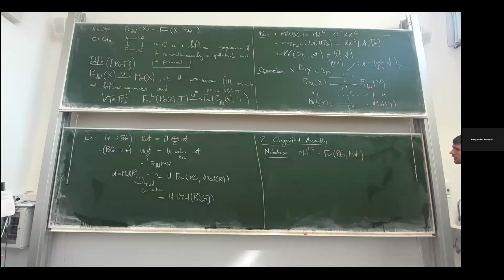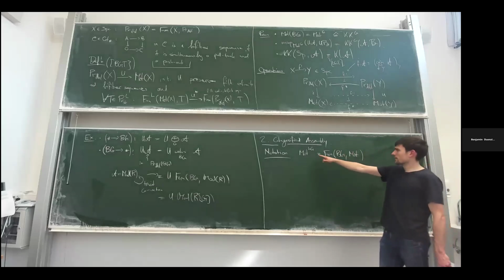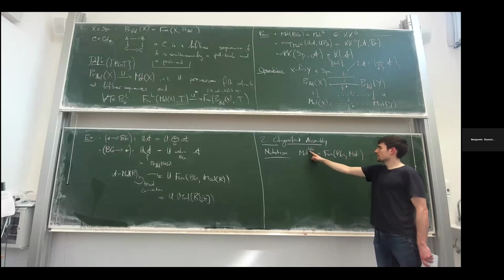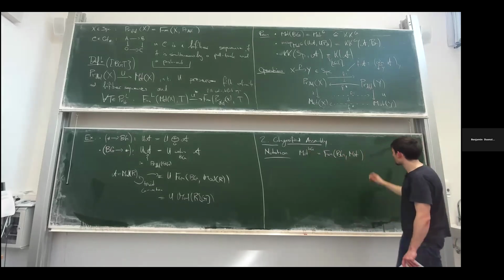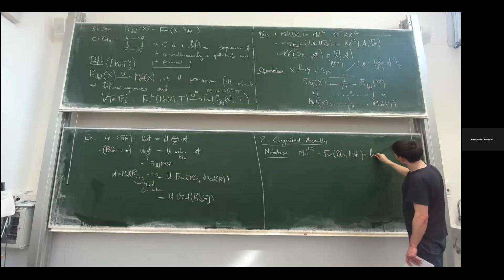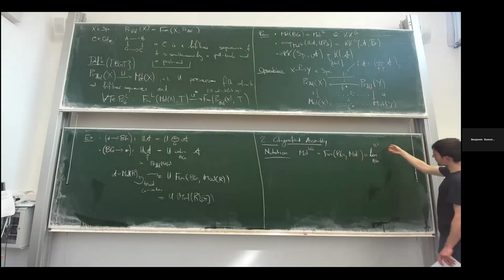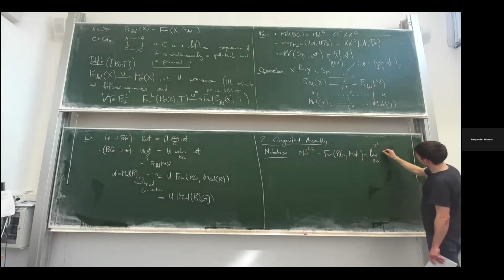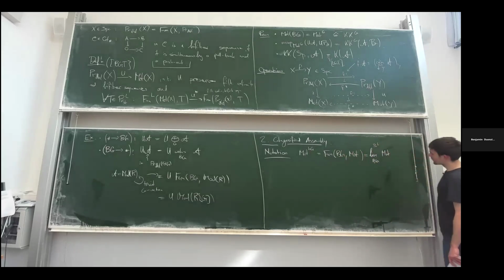This notation maybe suggests that this is some homotopy limit of some sort, and this is actually also correct. So this is also the same thing as the limit over BG in PrL over the trivial action of Mod.